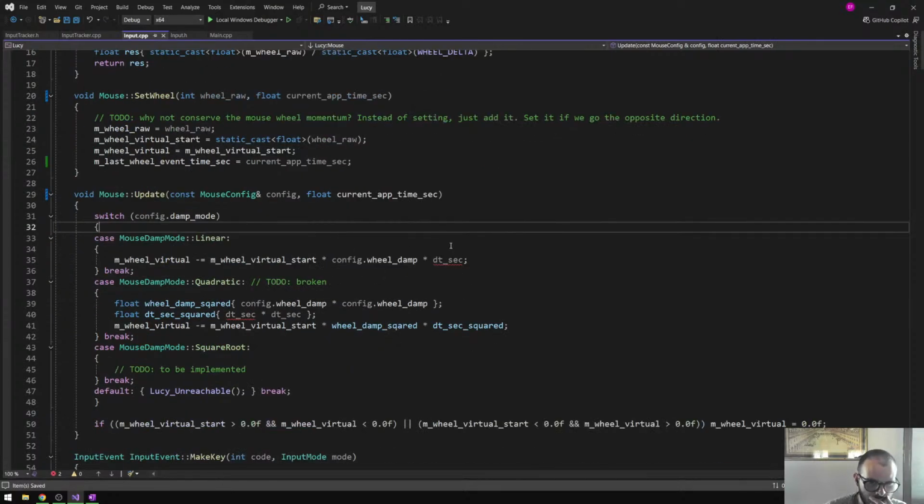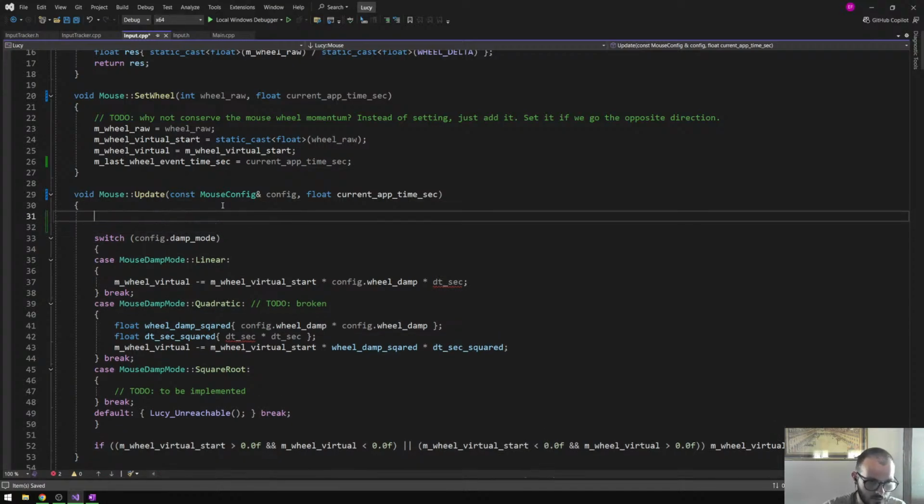Current uptime in seconds. Let's do a float. Time from wheel start.